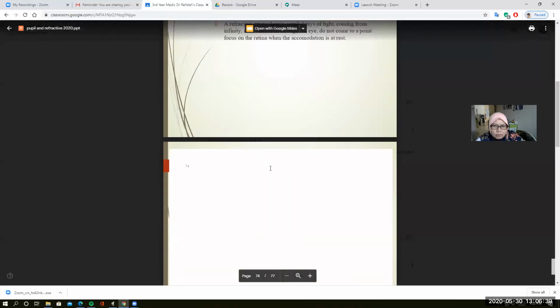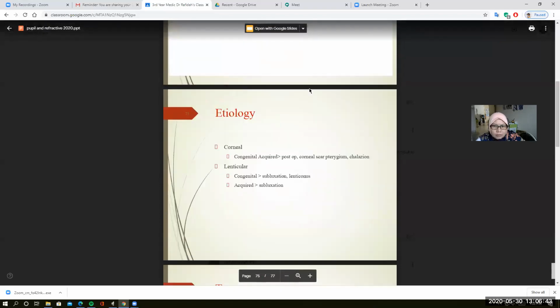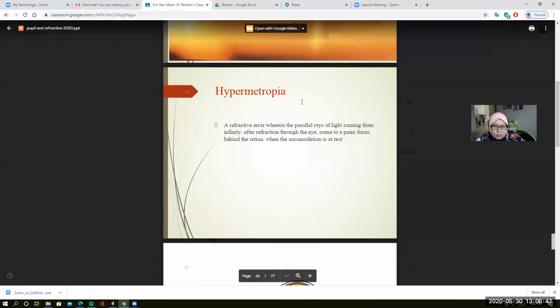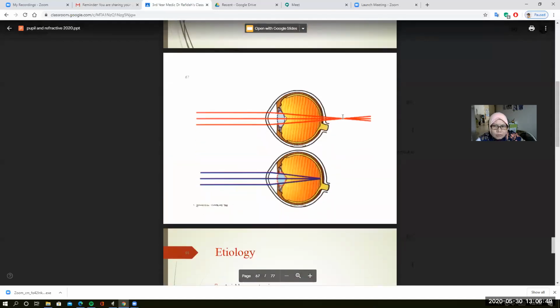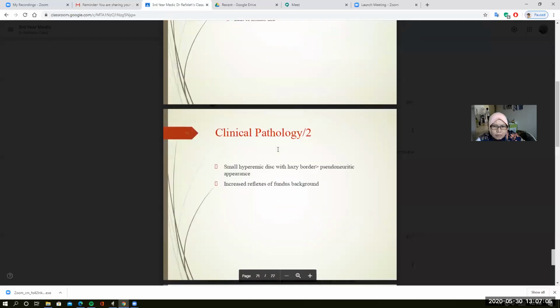Oh my God, there's supposed to be a picture here. Never mind. Okay, so instead of being focused here in hypermetropia and being focused here in myopia, in astigmatism, the focusing is somewhere here and here, and it's actually because of multiple factors.